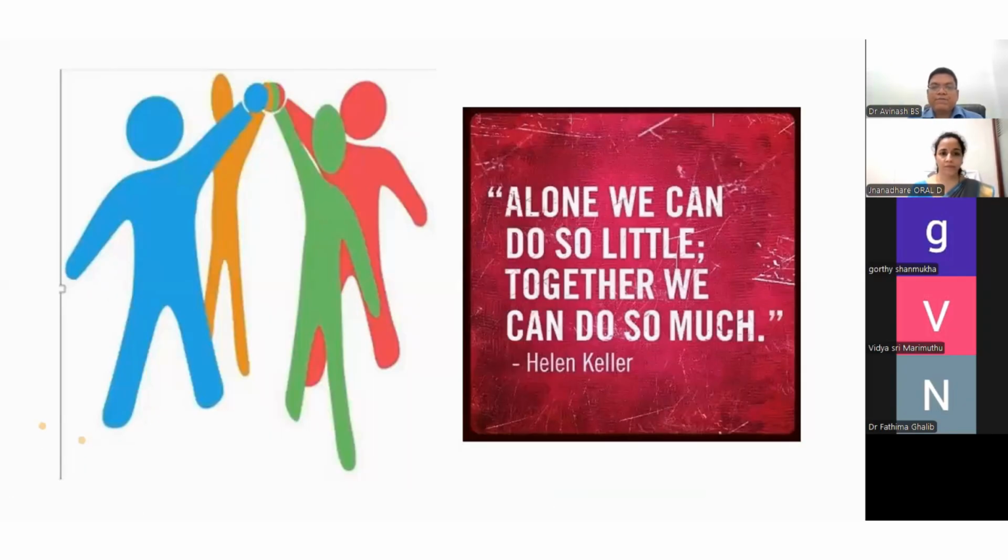Okay, so when to call a periodontist, that's what I was talking about. That would be too late to treat. So the recommendation is whenever a patient comes for routine examination, check for pockets along with other findings.